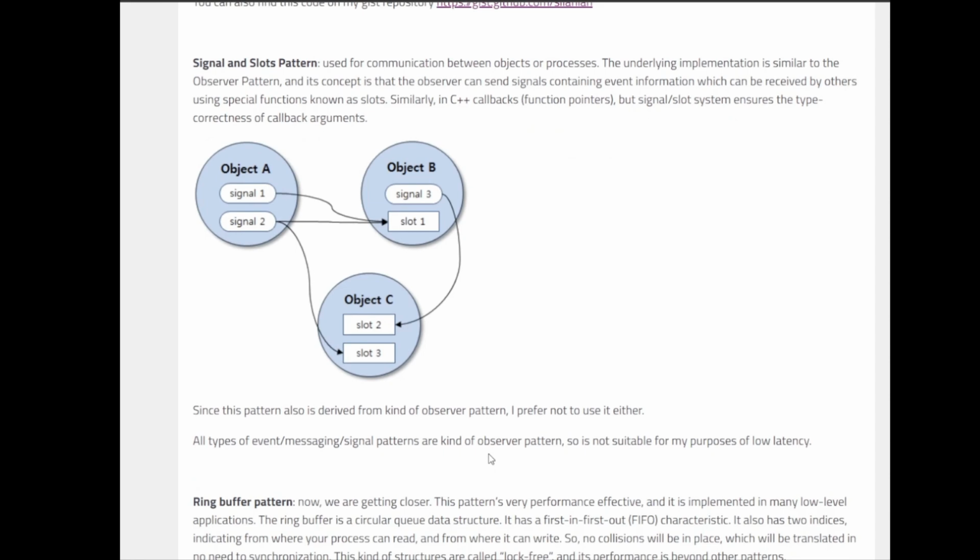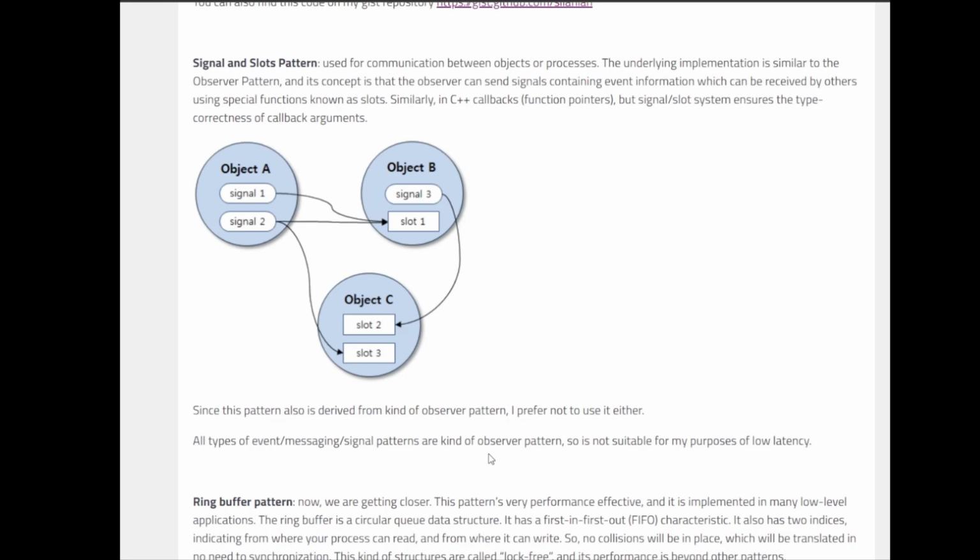One of the main differences compared to the earlier pattern is the implementation of the callbacks and how the event information is passed to the other processes. But at the same time, this pattern is also derived from the observer pattern, so it has some advantages but performs in a similar manner.